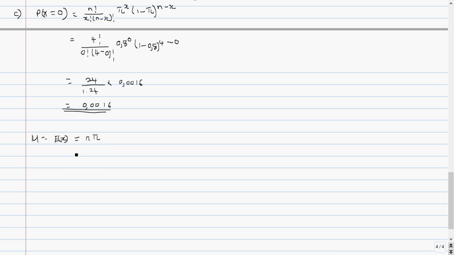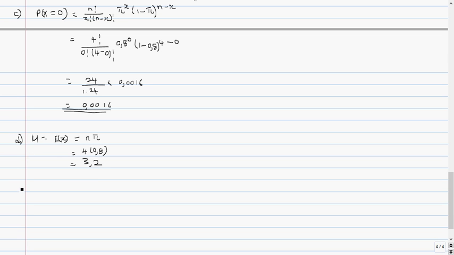Now n, the number of samples, is 4. The desired outcome is 0.8. So the expectation there is 4 times 0.8, which is equal to 3.2. That's it for our expectation. So that's part D of our question.